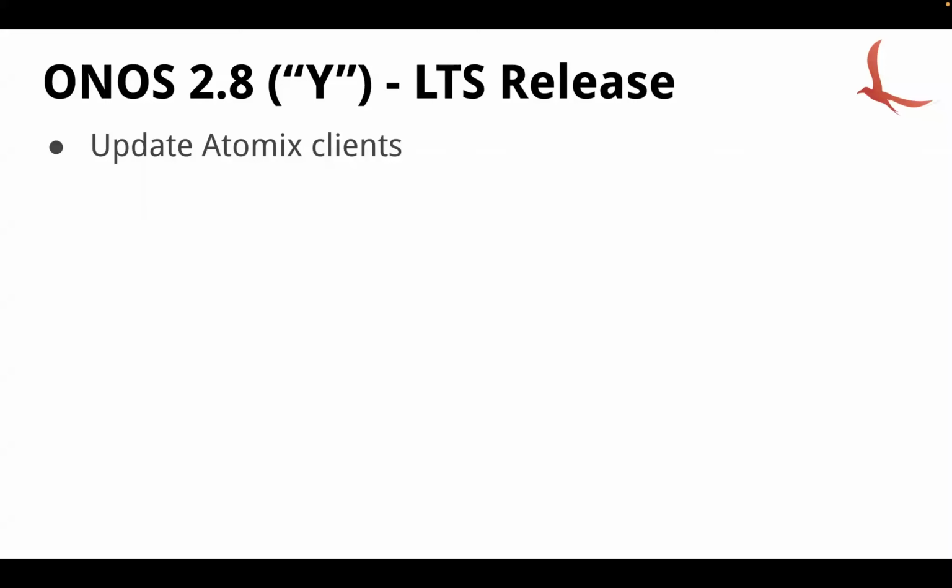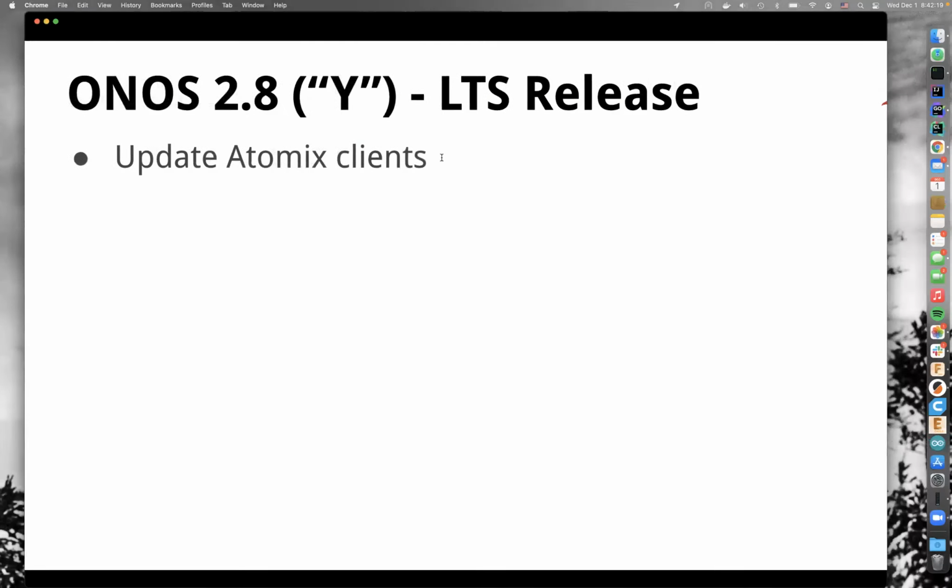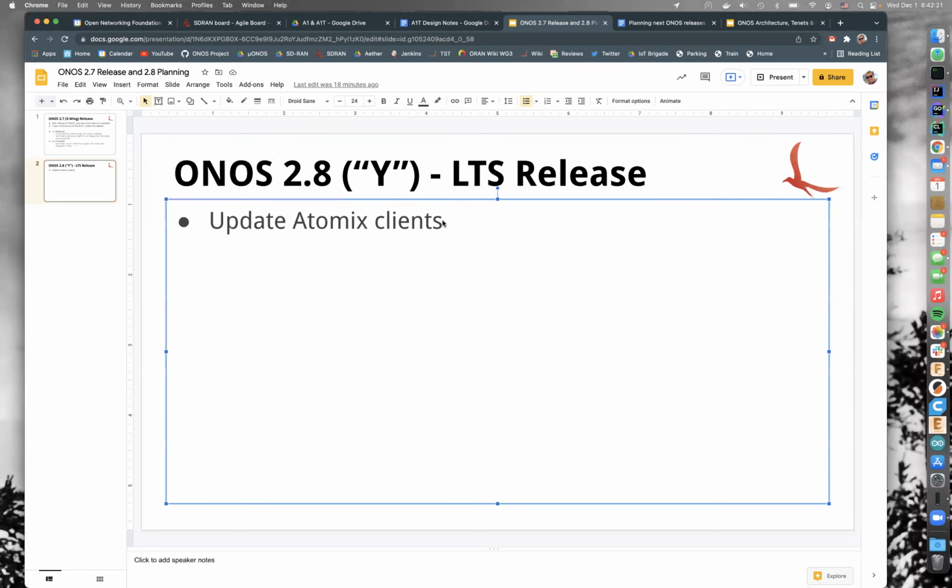So outside of the update of the Atomics clients, are there any other major bits that need to be tackled in the next release? There's probably going to be some driver behavior API changes with respect to UPF control. We have this UPF programmable behavior, and we're working on a major refactoring of that.